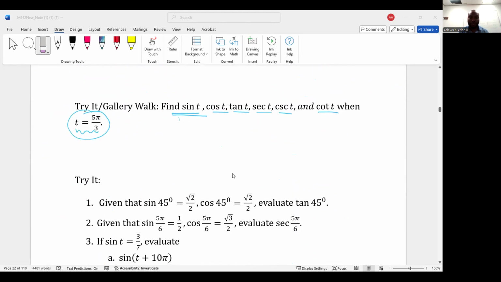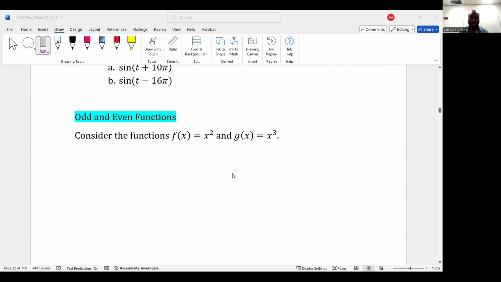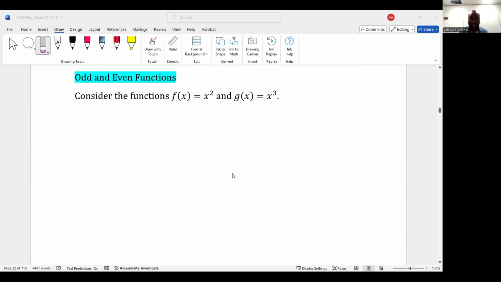Today, briefly, we are going to be looking at another way of finding these six trigonometric functions. Before that, let us revise some ideas from our pre-calculus 1 class.